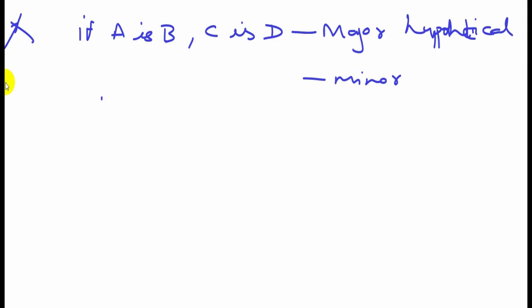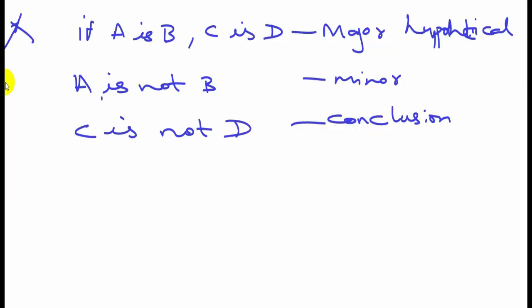Normally it has to deny the consequent, and then the conclusion will deny the antecedent. But here the minor denies the antecedent. That is, minor will state A is not B, and the conclusion will state C is not D.